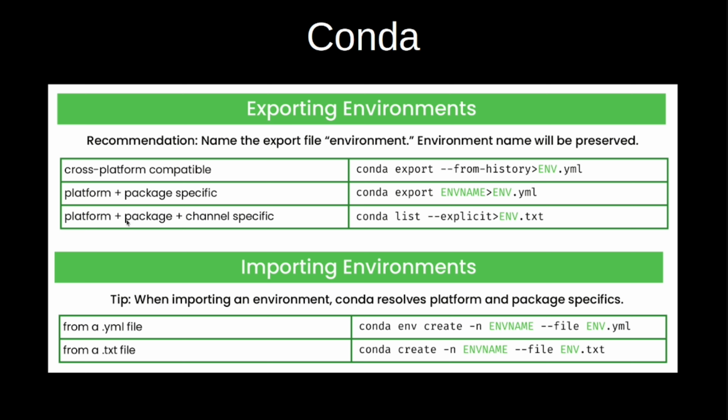The package versions and builds will inevitably be the same, as well as the channels from which those packages will be imported or downloaded. So the platform, the package, and the channel information will all be configured in the export file.